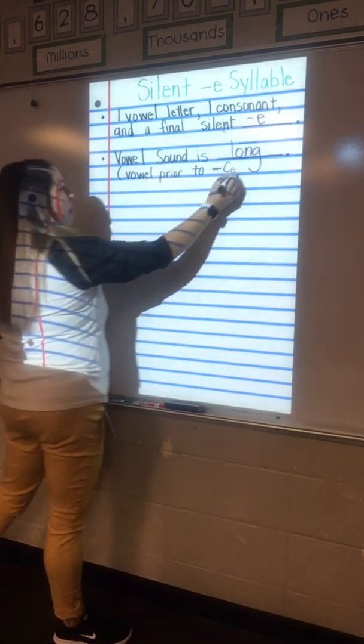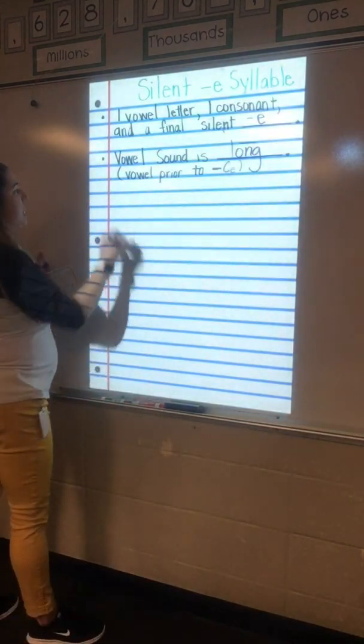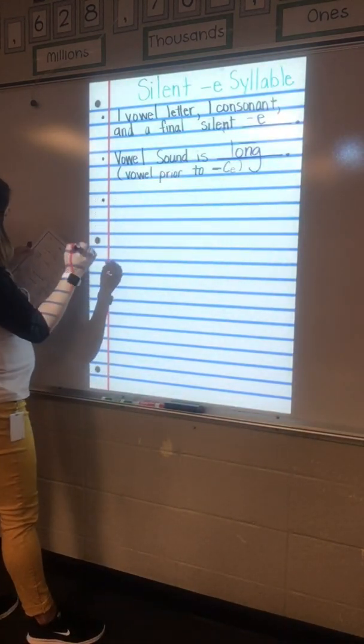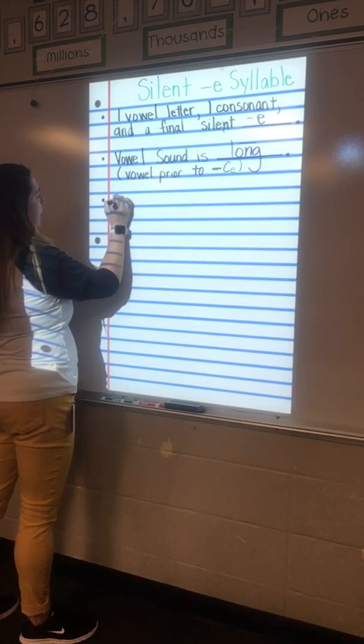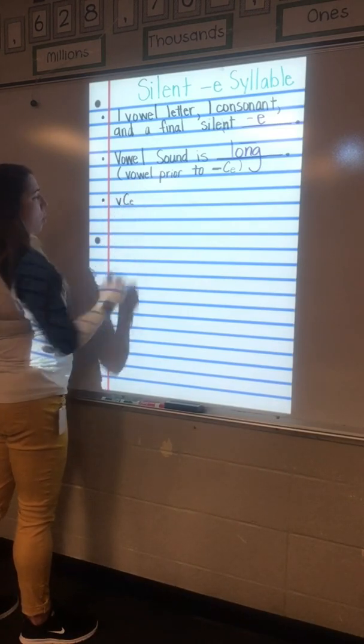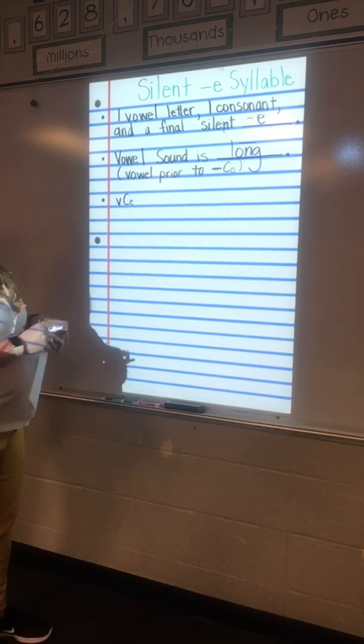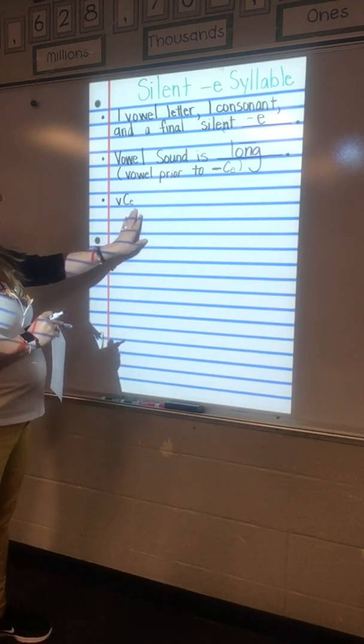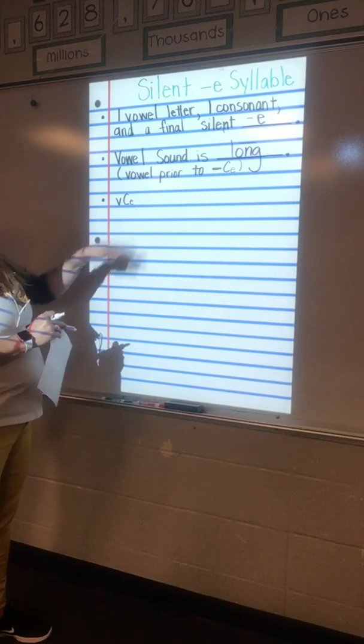Okay, so in my parentheses. All right, here's the next pattern. So I want to look at the pattern. My pattern will always be vowel, consonant, helper E, or silent E. So it's a vowel, a consonant, and then the helper E or silent E.